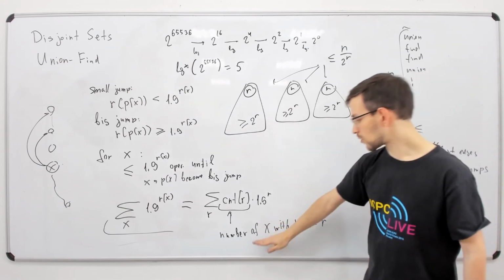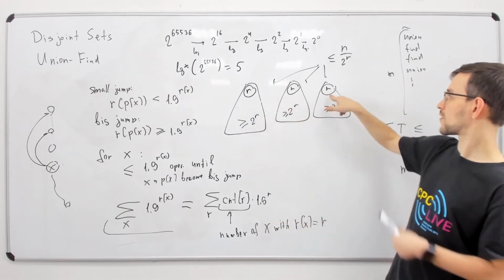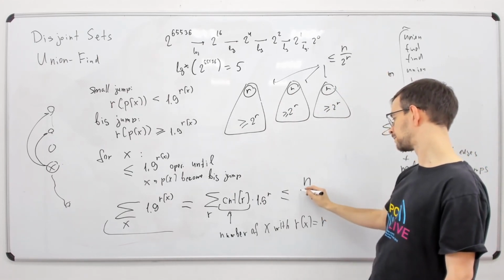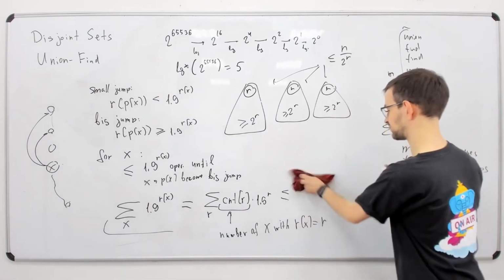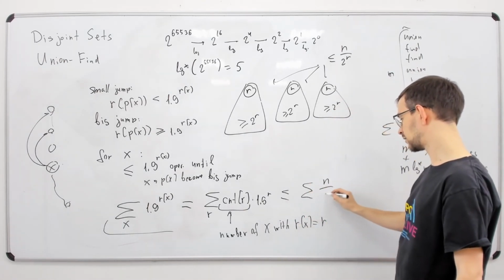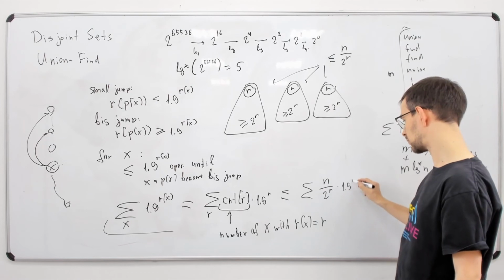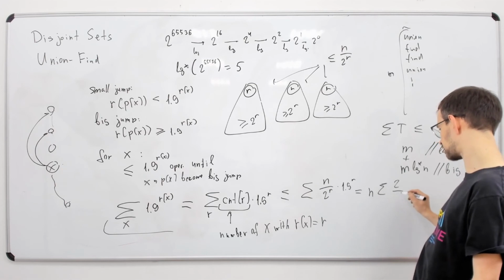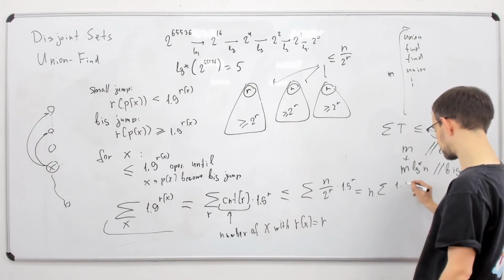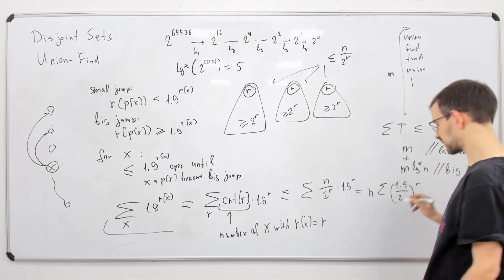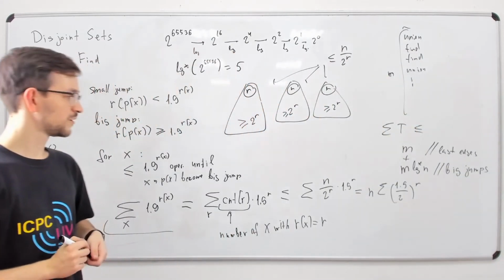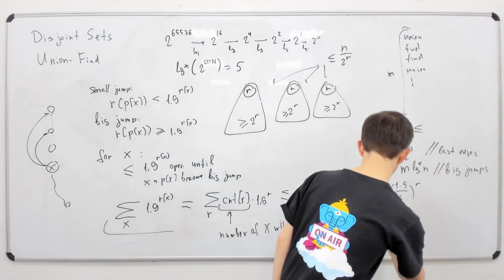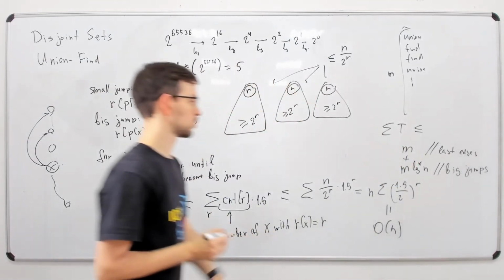And the number of elements which have rank R is up to n divided by 2 to the power of R, multiplied by 1.9 to the power R. This will be n multiplied by this sum. And this sum is constant, so this is big O of n. Whew.